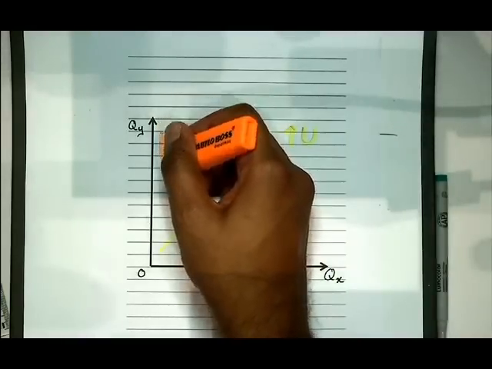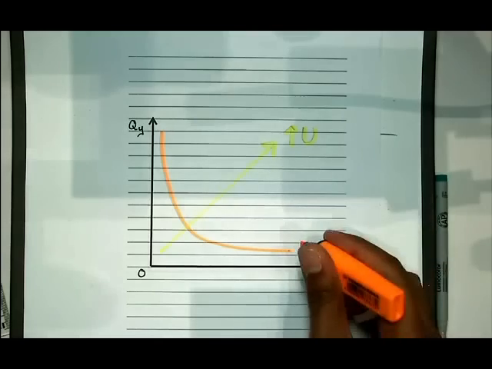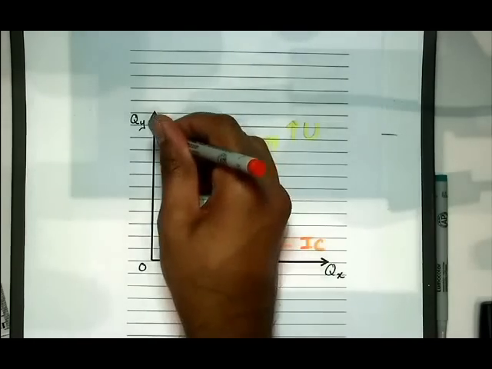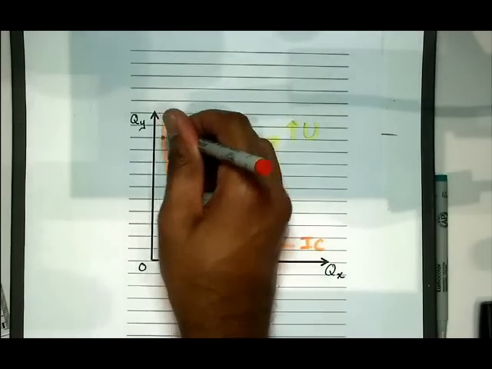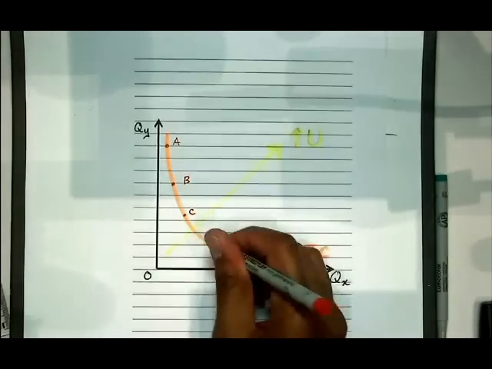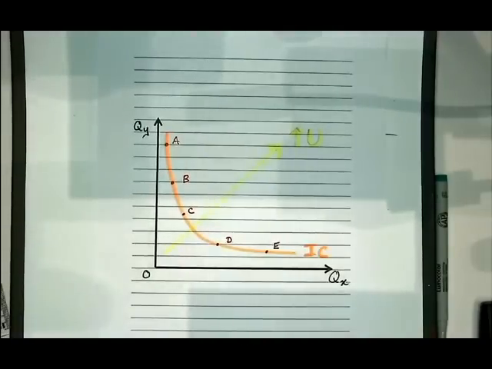New definition, an indifference curve. An indifference curve shows points of equal utility. All points on an indifference curve, A, B, whatever these bundles are, all of these bundles give the consumer the same level of satisfaction.